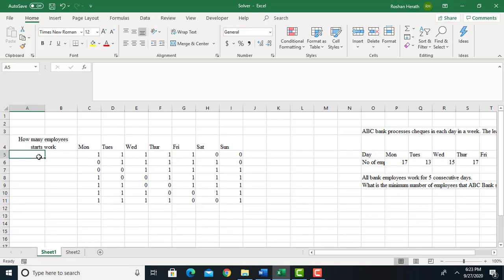How many employees starts work on Monday. Say that there are like 5 employees out of the employees that we have.